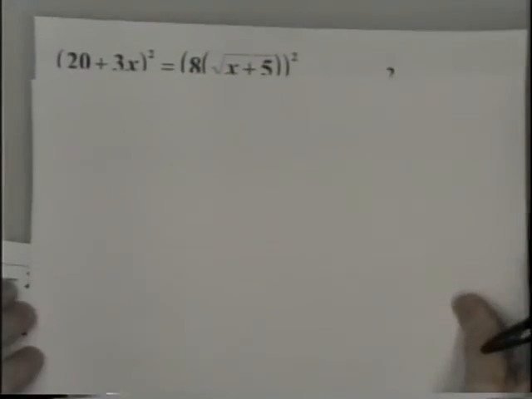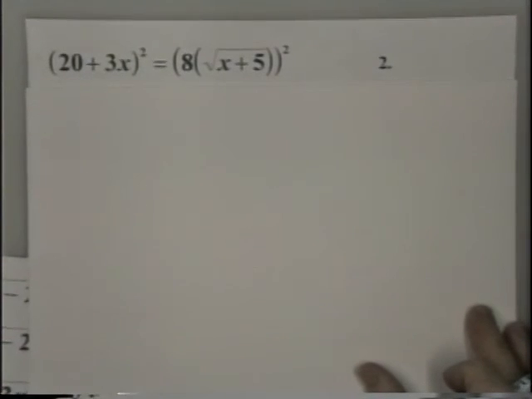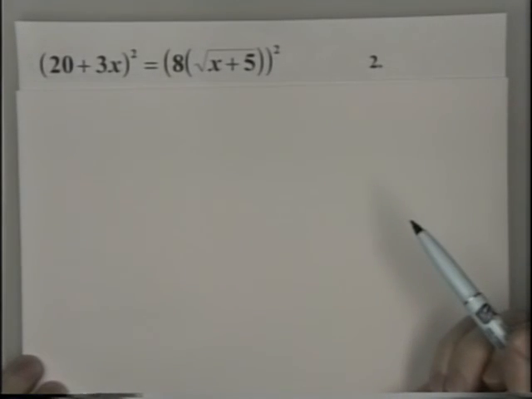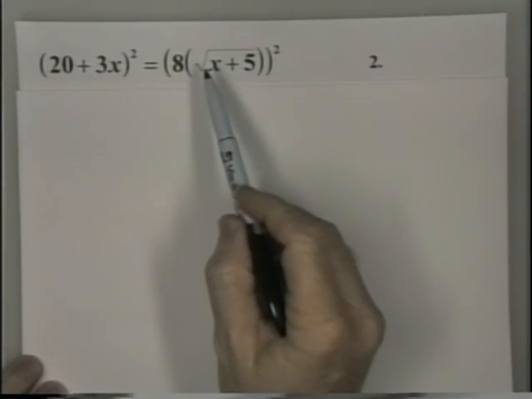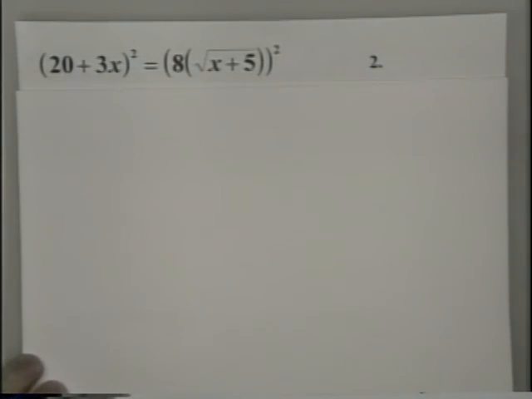And here it is. We've got to square both sides. All right, step 2. We're going to square both sides. Notice at the same time, go back to the other page here a second.